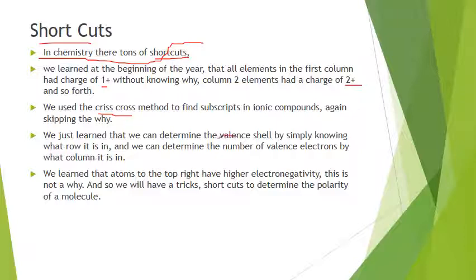We could figure out the number of valence electrons by knowing what column it's in, and how many energy levels by knowing what row it's in. And atoms in the top right of the table have a higher electronegativity than atoms in the lower left. So there are patterns that we use as shortcuts, quick and dirties, to help us get to where we are. And that's what we're going to do now: come up with quick and dirty tricks to figure out if we have polar or non-polar molecules.